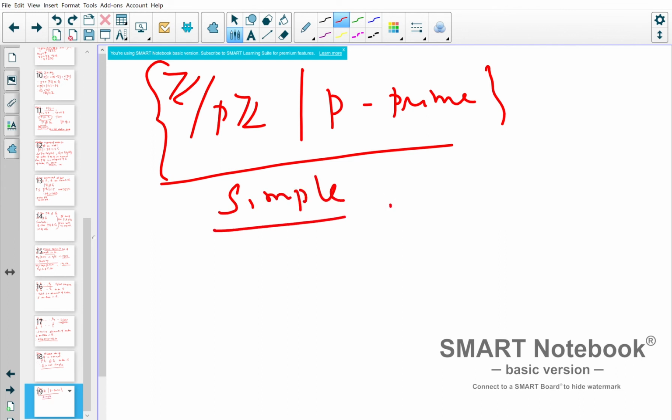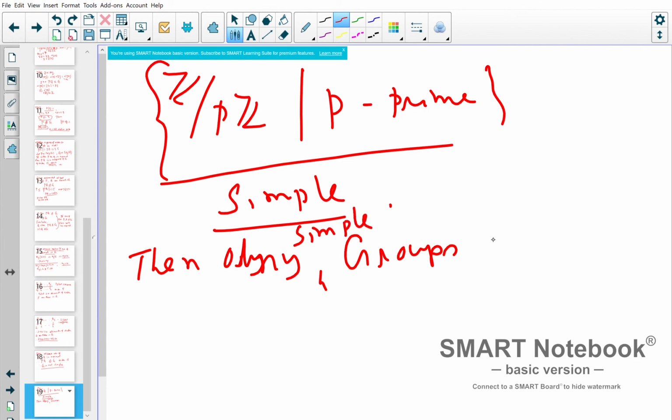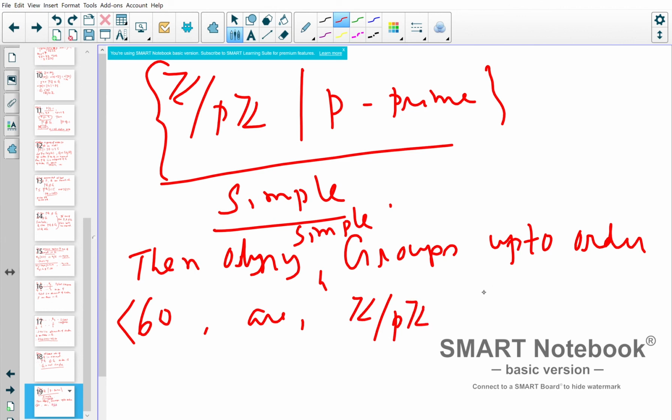Now you can also check, as homework, that the only simple groups of order less than 60 are Z mod PZ for some prime P less than 60.